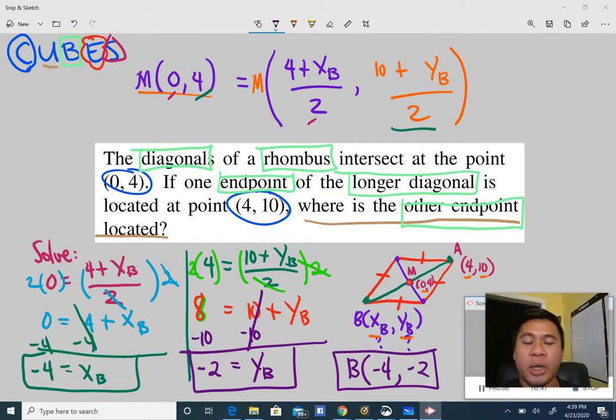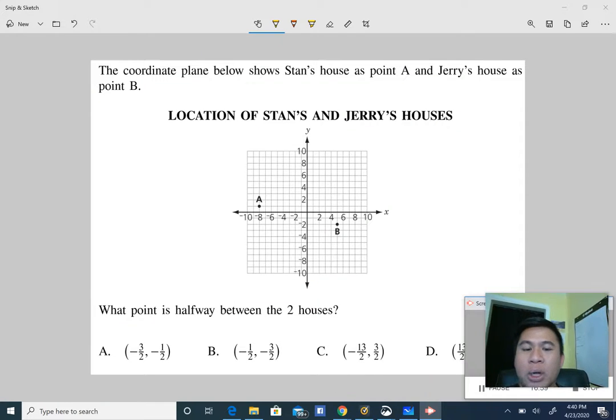This last problem that we just solved is solving for one of the endpoints should the midpoint and one other endpoint be given. Now take time to solve this particular problem on your own. The coordinate plane below shows Stan's house as a point A and Jerry's house as a point B. What point is halfway between the two houses?